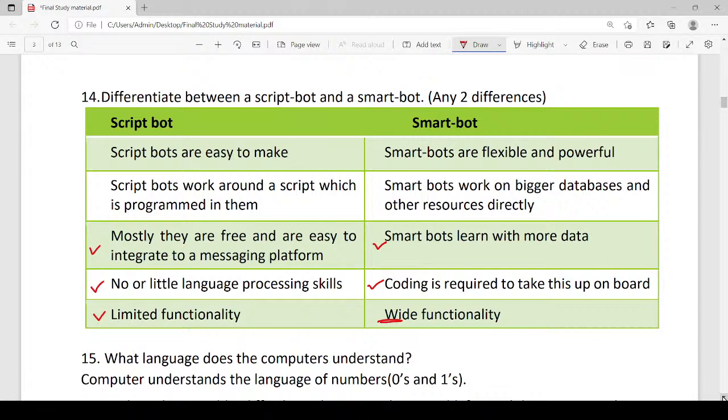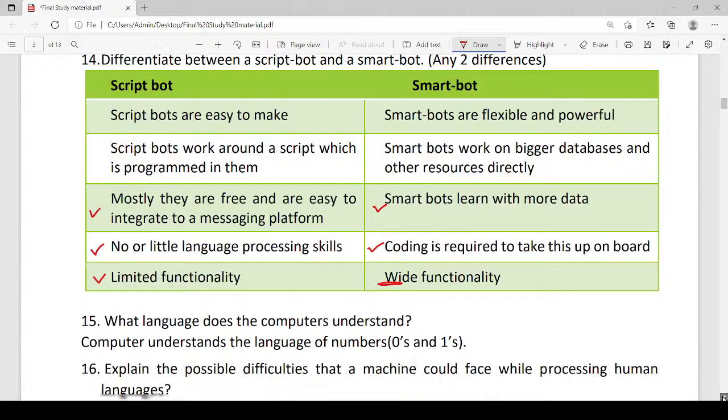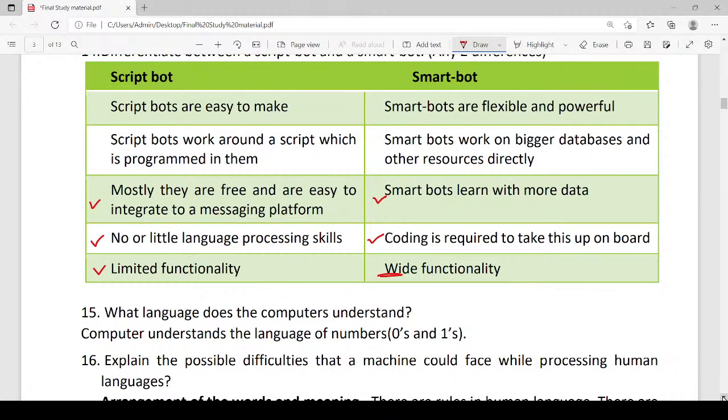It is only numbers and that is going to be zeros and ones. Now, what could be the possible difficulties a machine can face if we ask the machine to process human languages? We all can speak human languages without any problem. But if we are asking the machine to process human languages, what are the possible difficulties that we can face?